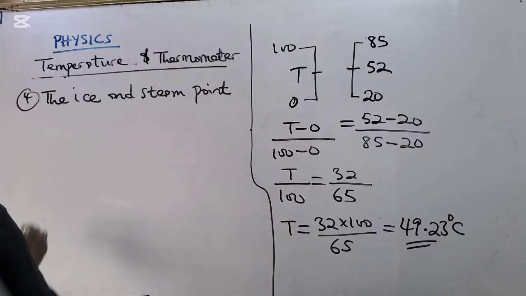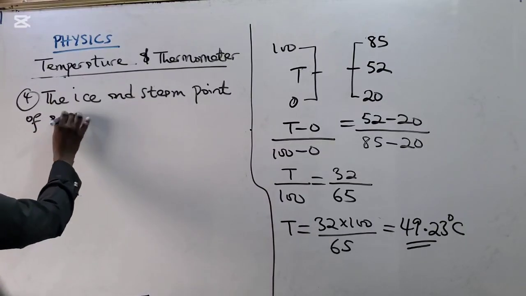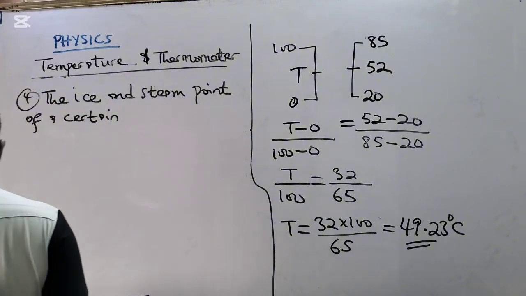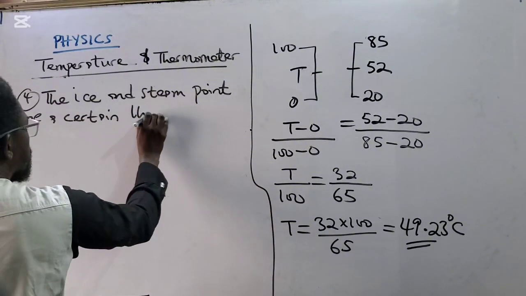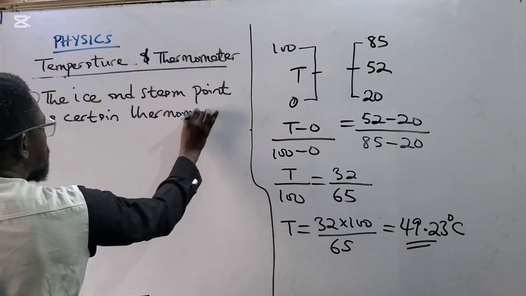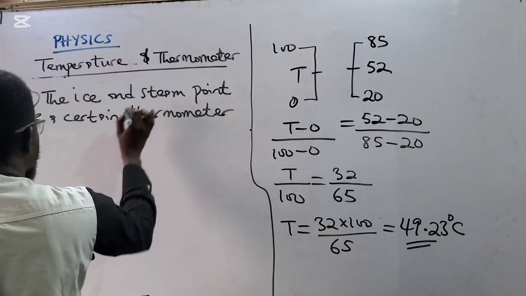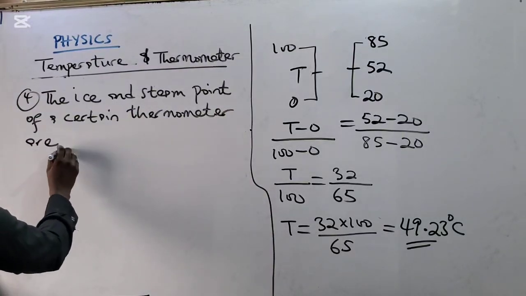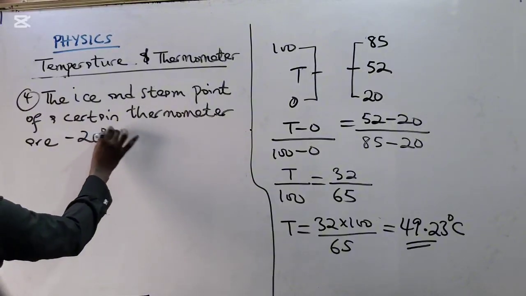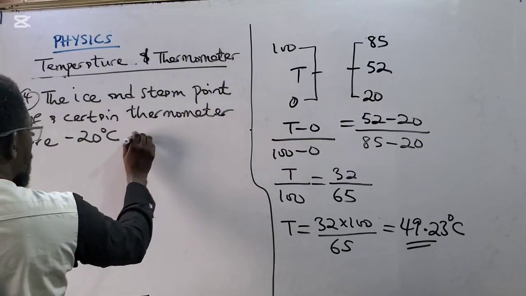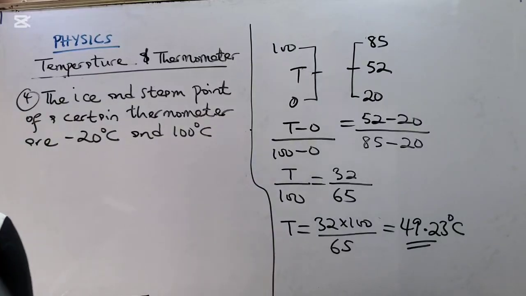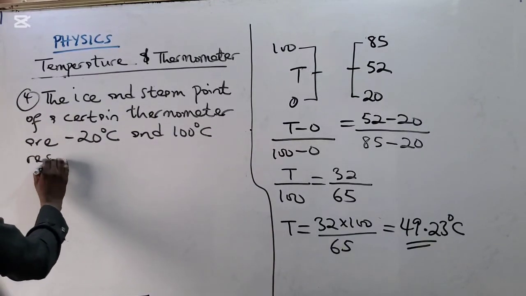The ice and steam points of a certain thermometer are minus 20 degrees C and 100 degrees C respectively.